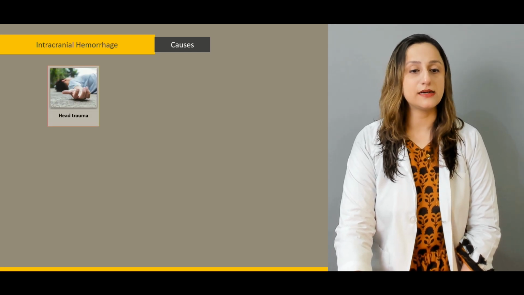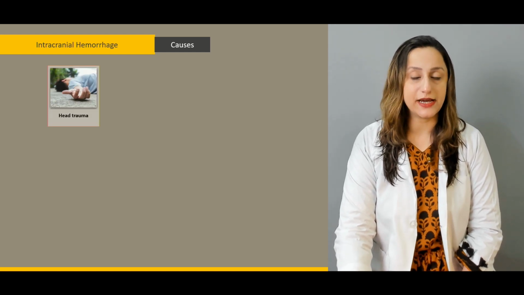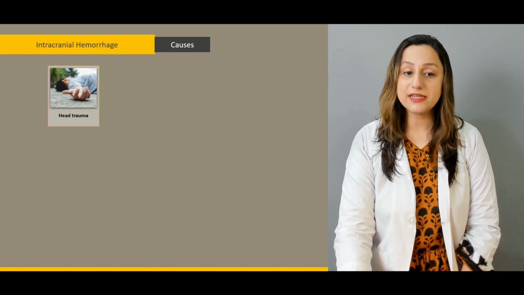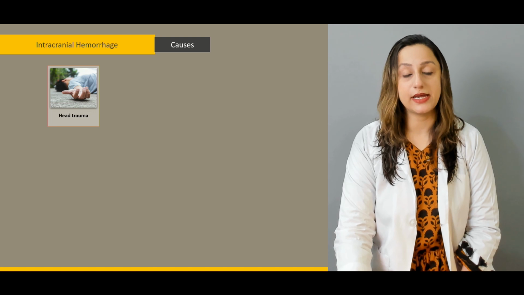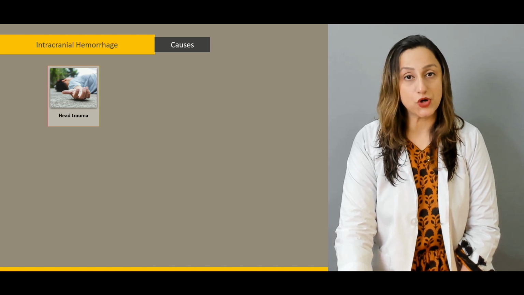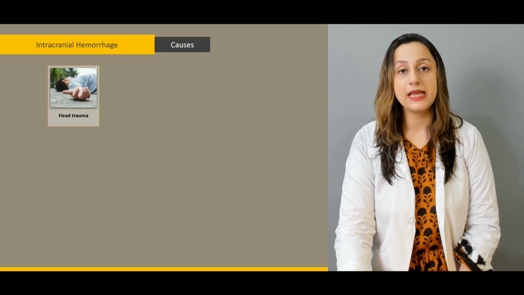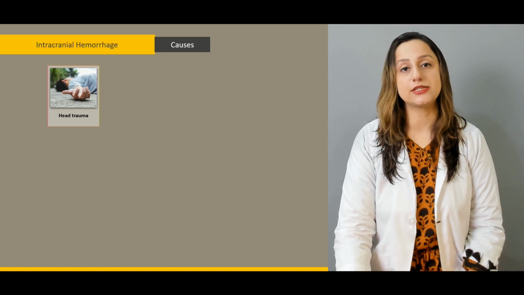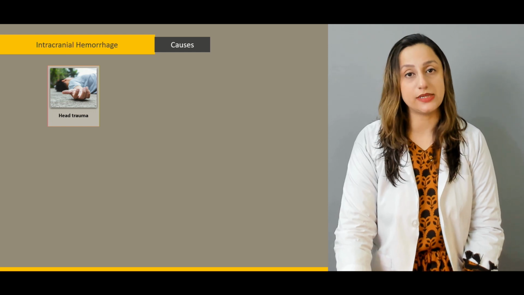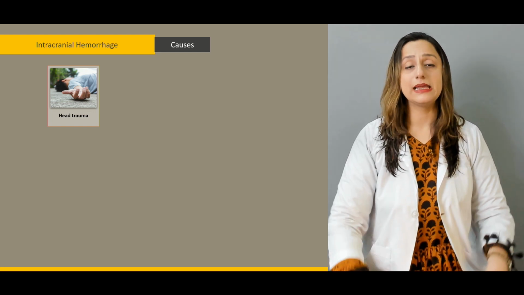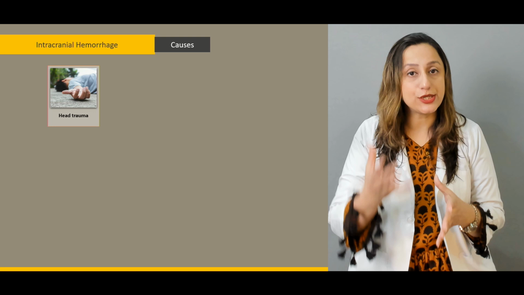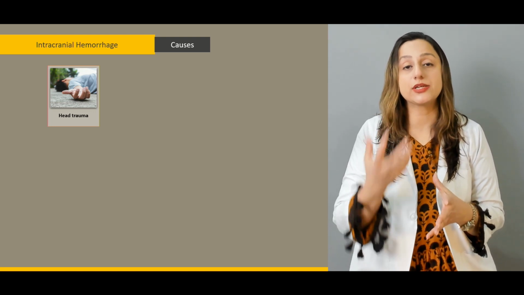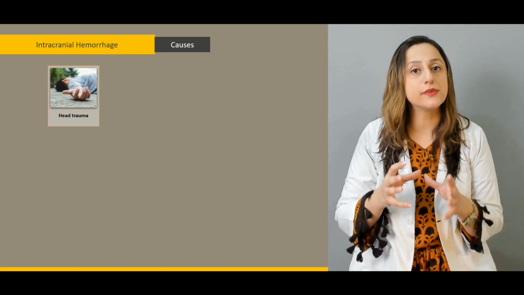Having done that, there are a lot of causative factors, for instance, head trauma. Patients who present with a particular kind of head trauma, may it be a blunt trauma or road traffic accidents, all of these are very important, and they usually present with massive intracranial hemorrhages. We have the coup injuries, that is when the head comes in direct contact with a particular blunt object.